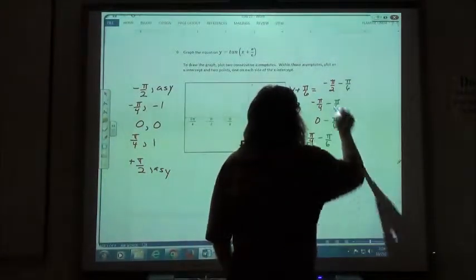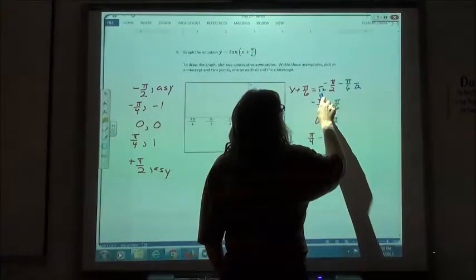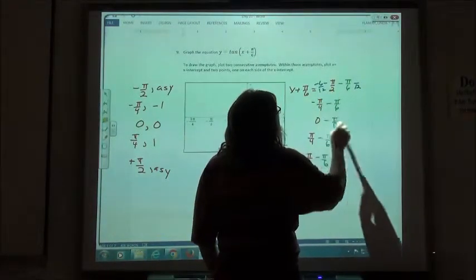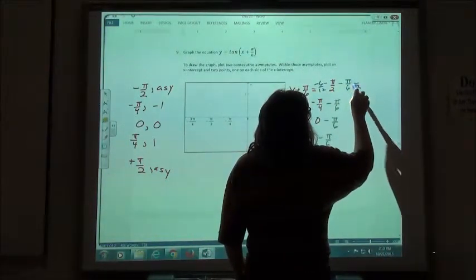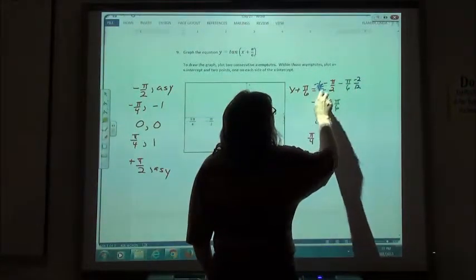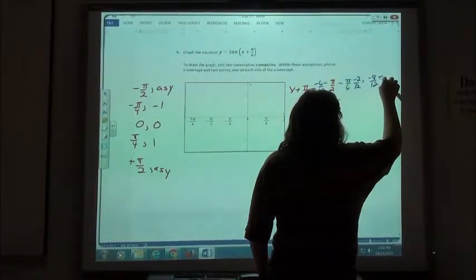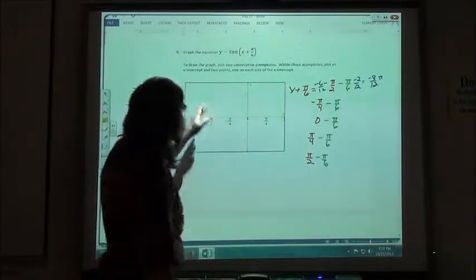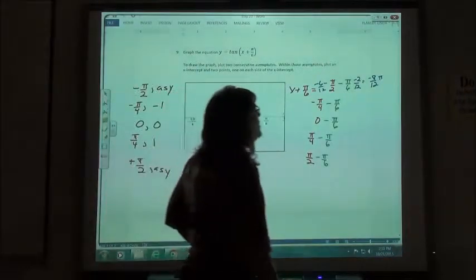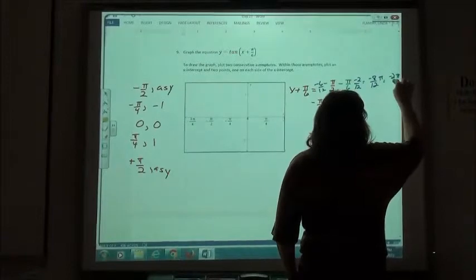I'd have to have twelfths. 2 goes into 12 6 times, so minus 6. 6 goes into 12 2 times, so minus 2. Negative 6 minus 2 would give me negative 8/12 pi. I can simplify my fraction because I can divide by 4, so negative 2 pi over 3.